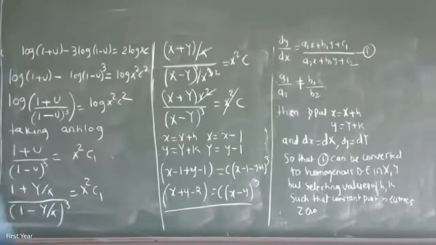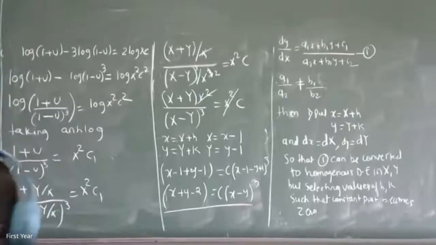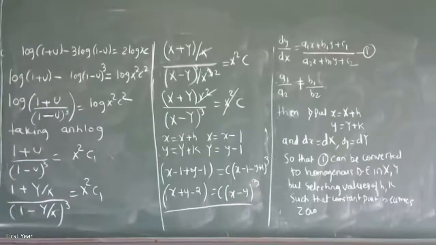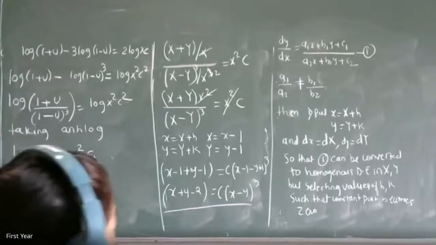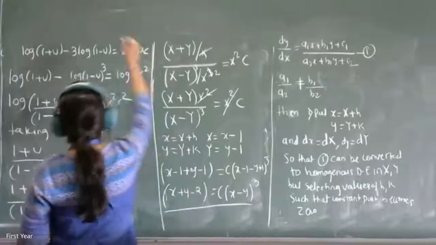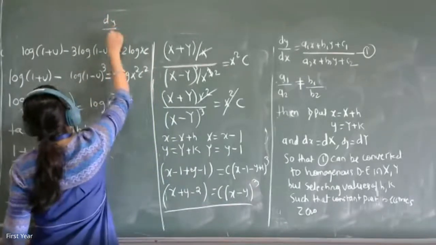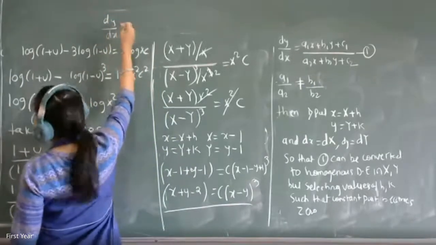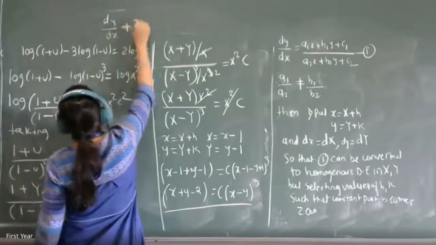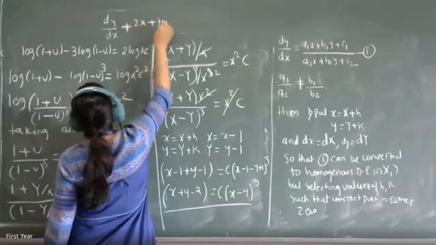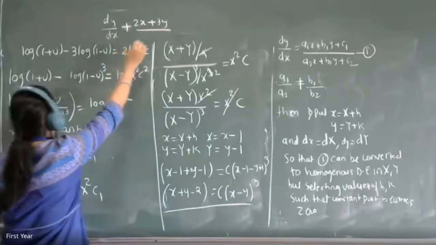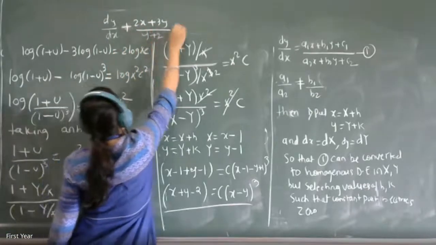Solve dy by dx plus (2x plus 3y) divided by (y plus 2) is equal to 0. I'll write down the question.